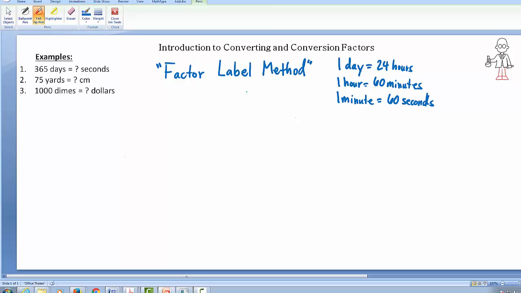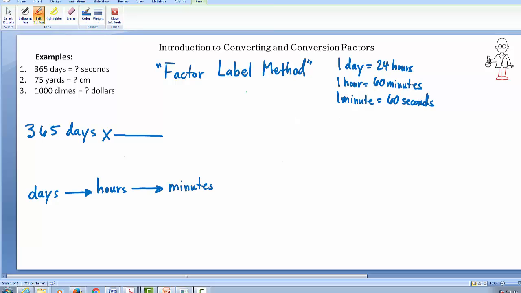Okay, so to set this problem up, we have 365 days multiplied. Now, we want to go from days to hours, from hours to minutes, and from minutes to seconds. Okay, so to go from days to hours, we will need this first conversion factor.